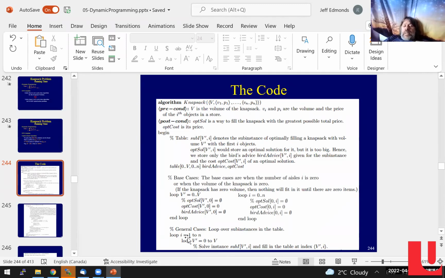So I'm just looping i equals 1 to N, and the volume of my knapsack is 0 to V, or actually probably it should be 1 to V. I think that's a typo, change it to 1, but don't worry about that. I won't take off any marks if that was wrong. Everybody good there? We're just looping over all subinstances, kind of doing it from smaller to larger.